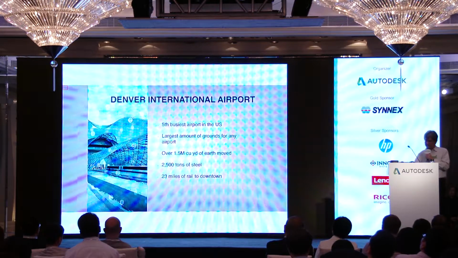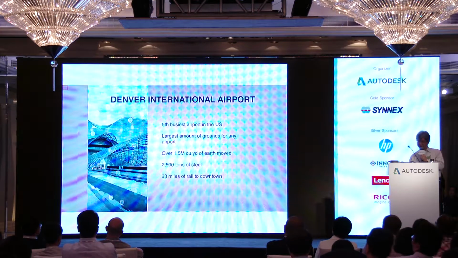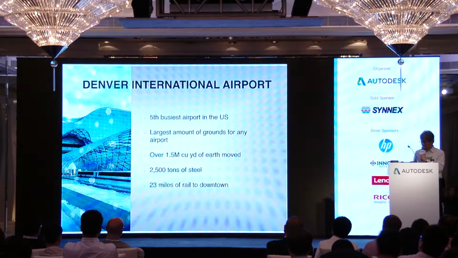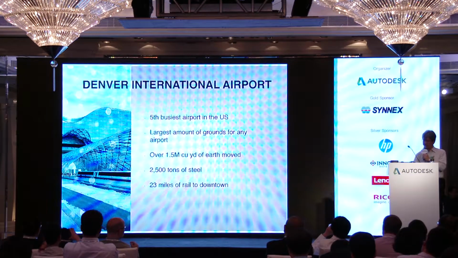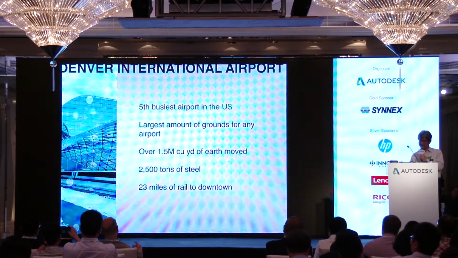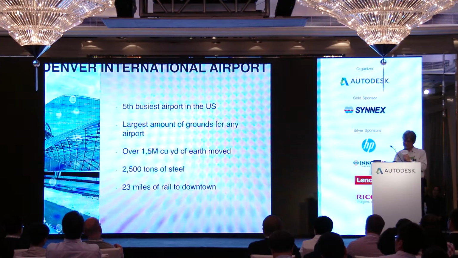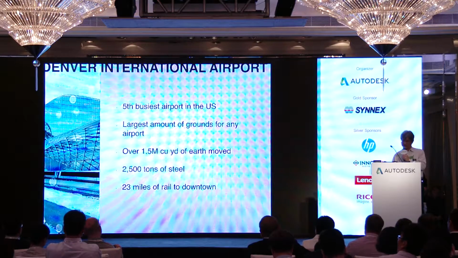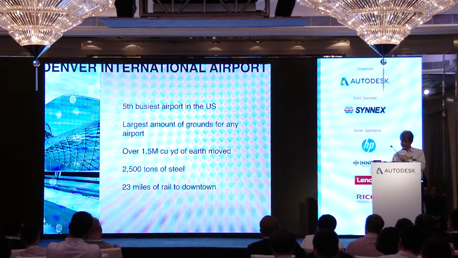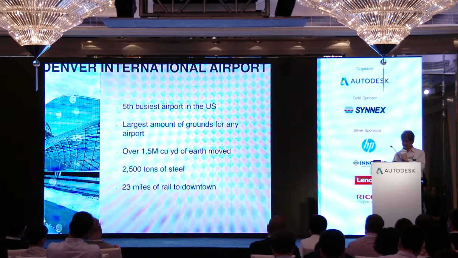The final one is the Denver International Airport. Well, this is the 5th busiest airport in the United States, and it covers the largest area. The excavation is 1.5 million cubic yards, and the steel works consist of 2,015 tons.